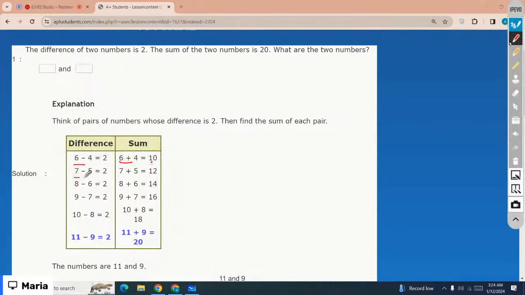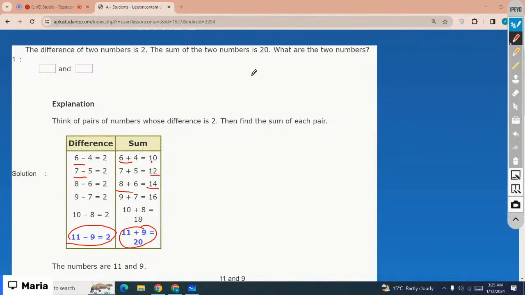Then 7 minus 5, the difference is 2, but when you add they make 12. Then 8 minus 6, the difference is 2, but when you add they make 14. So both the conditions must be true. When you subtract them they make 2, and when you add them they make 20. The right numbers are 11 and 9, right?